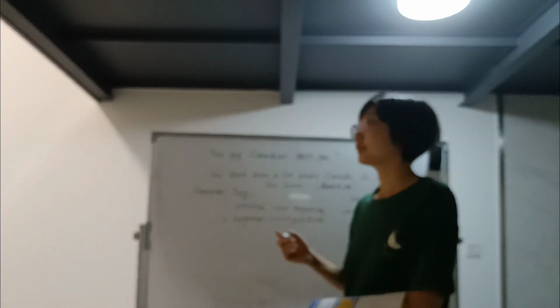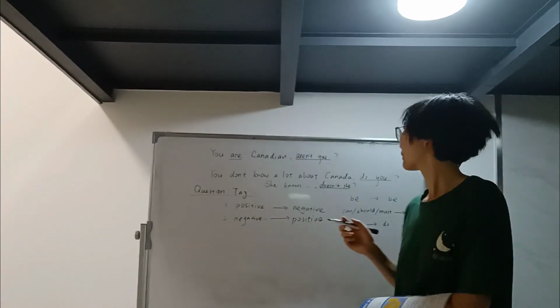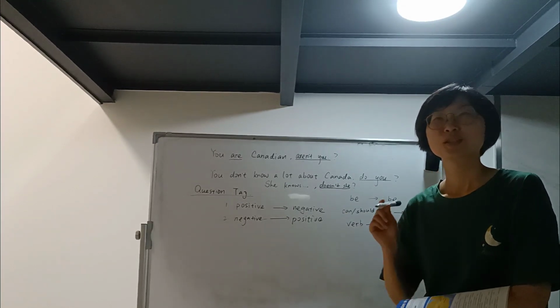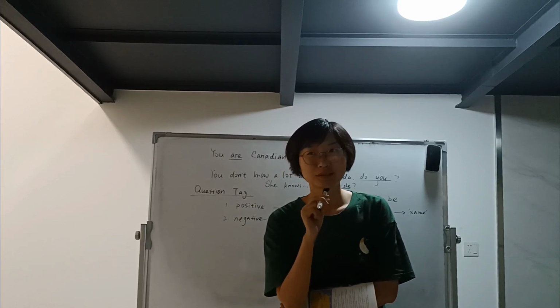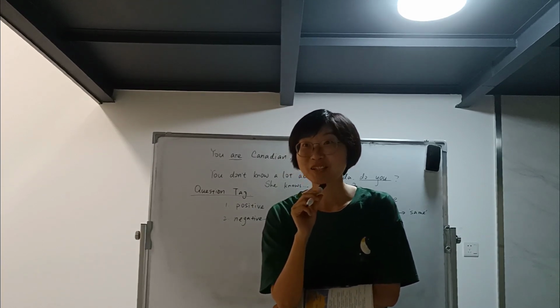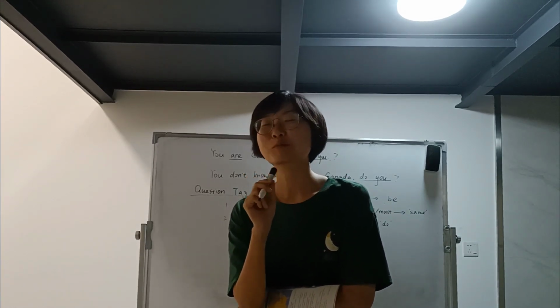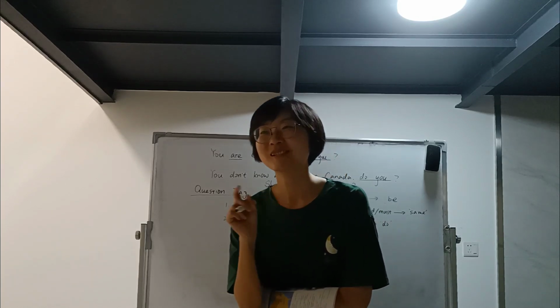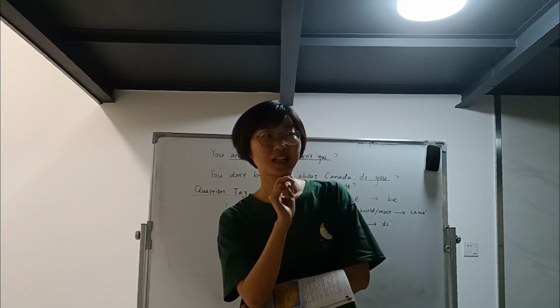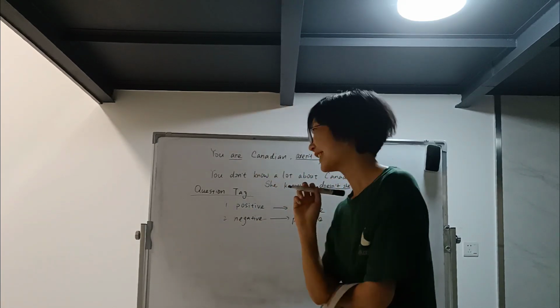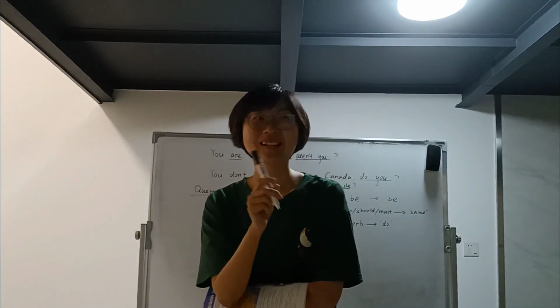You don't know a lot about Canada, do you? I remember she didn't say it that way, but it's good. You pronounce the sentence in a very good way. Can anyone else remember? Yes, that's right.